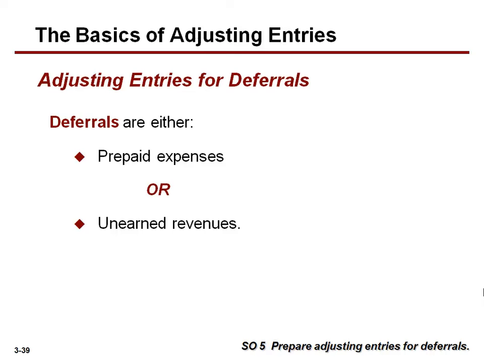Let's move now to the deferral type of adjusting journal entries. You recall we defined deferrals as a cash transaction that has been recorded previously, and we're going to adjust the effects of that. We're going to put parts of the effects into our income statement that previously have been deferred. Prepaid expenses, we're paying expenses in advance, and we book that as an asset, and we have to adjust that asset position, moving some of that to an expense as that asset has been consumed.